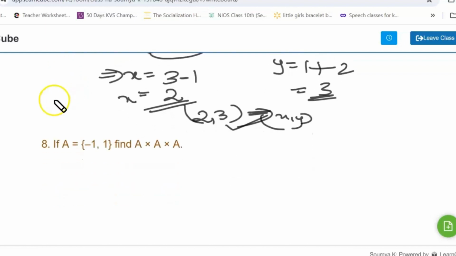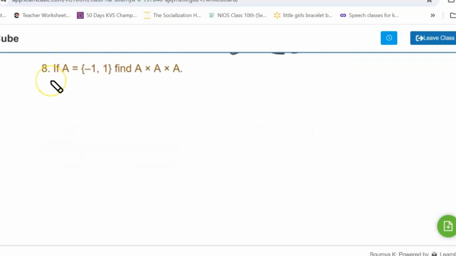So next question is 8th question, that is A is given as this one. You have to find A cross product of A, or Cartesian product of A by itself. So A is minus 1 comma 1.